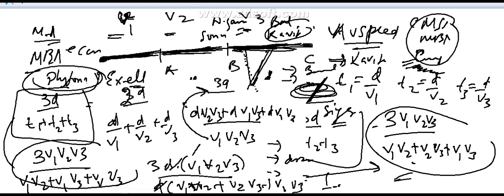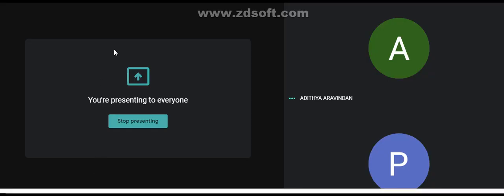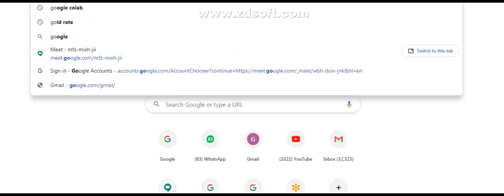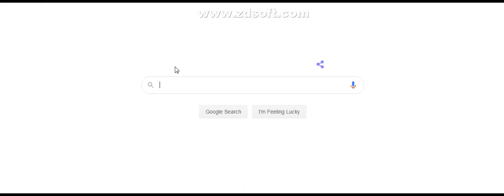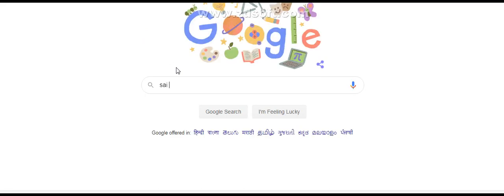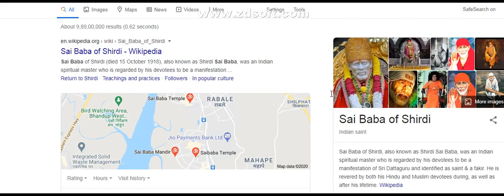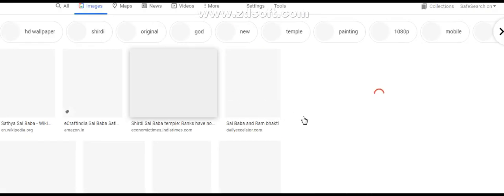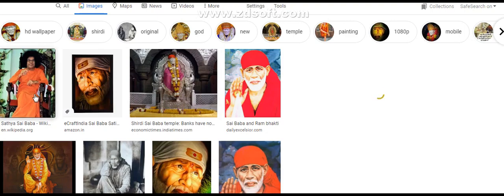So has anybody seen Sai Baba? I told you. Wait, I will show you. You're a photographer also, sir. Yeah, this person. I know Sai Baba, sir. You know this person, right? Yes, sir.